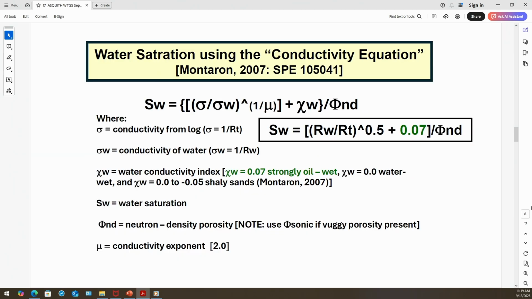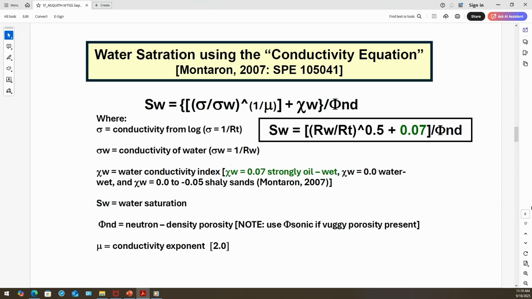This is the water saturation using the conductivity equation from the Monneron 2007 SPE paper 105041. I'm going to change it into resistivity, but the formula then is SW equals RW over RT to the 1/2 plus that correction.